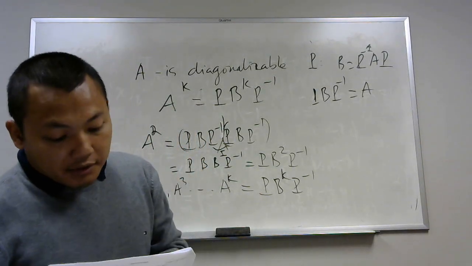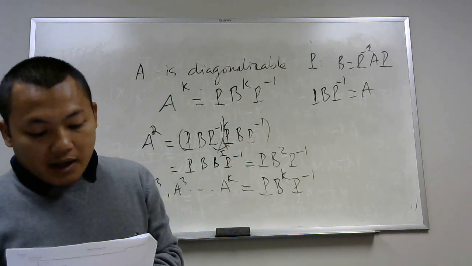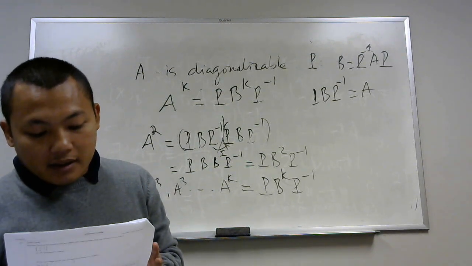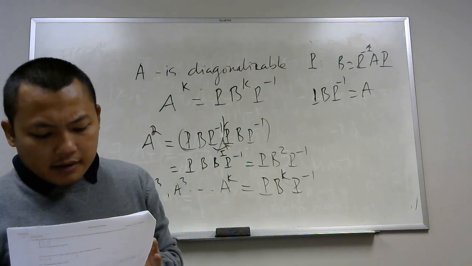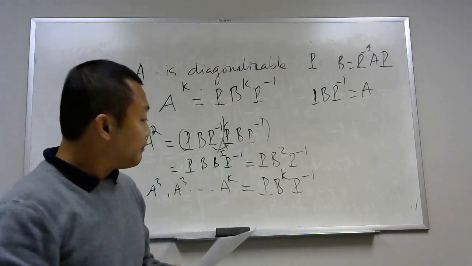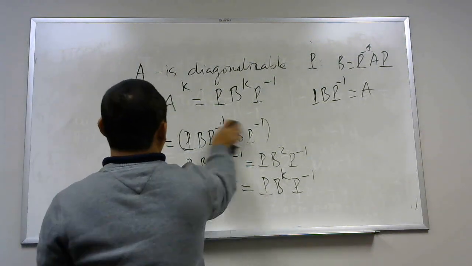And then use the result above to find the power A^5. Then we use this identity.